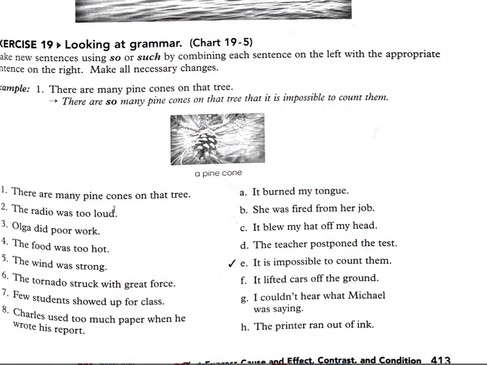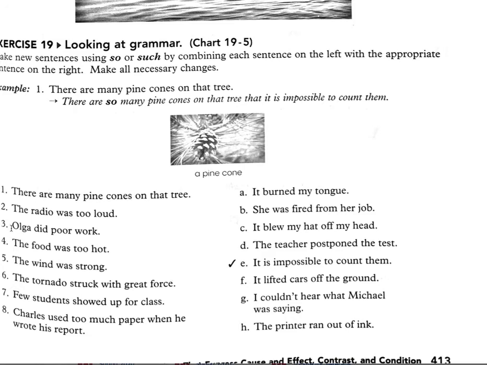This is an adjective. So we say, okay, the radio was so loud that, letter G, I couldn't hear what Michael was saying. So again, the radio was so loud that I couldn't hear what Michael was saying, letter G.